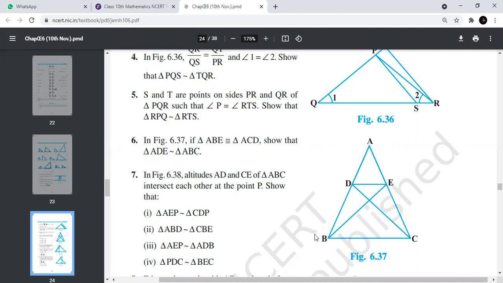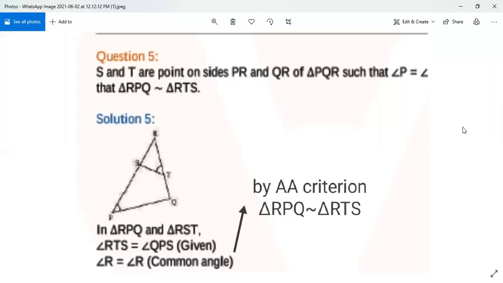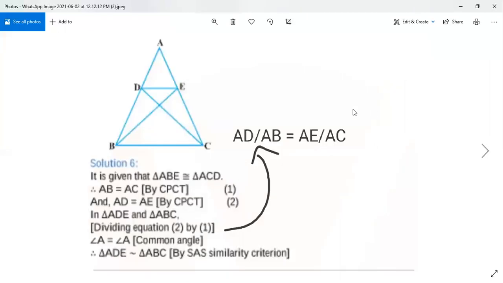Then you have to show that this small triangle above, ADE, and ABC, the big triangle, both these triangles are going to be similar. Okay, so congruence हमें पता है, when two triangles are congruent, all angles and all sides are equal. Okay, so we'll utilize that fact to come to our similarity criteria.